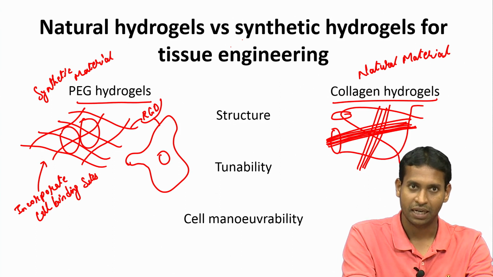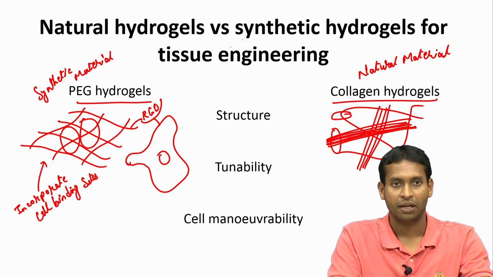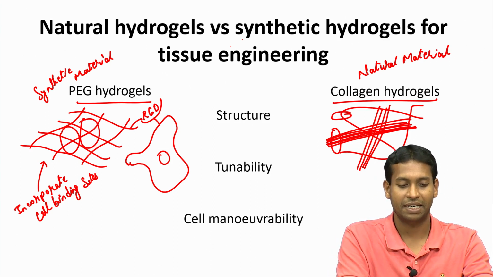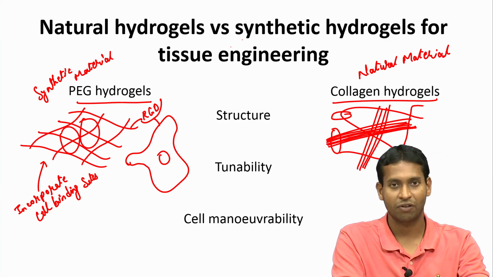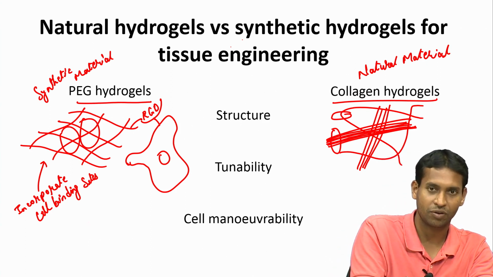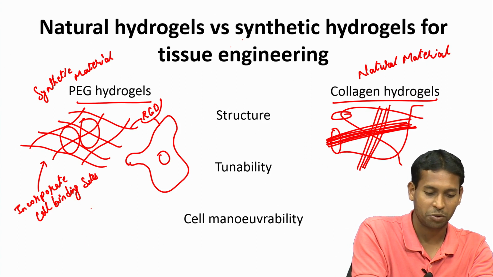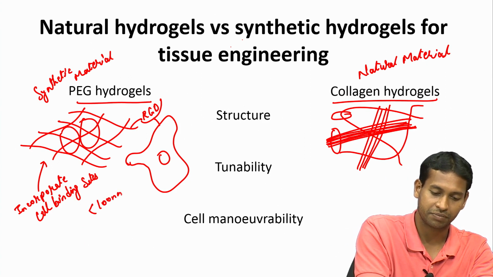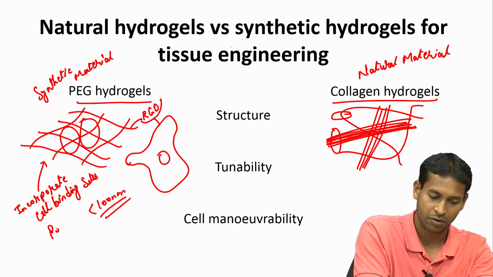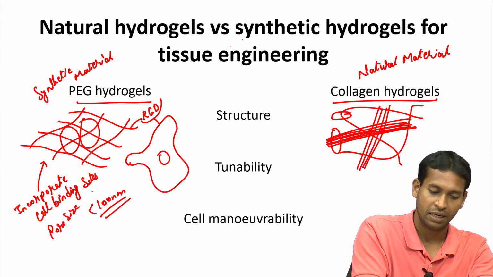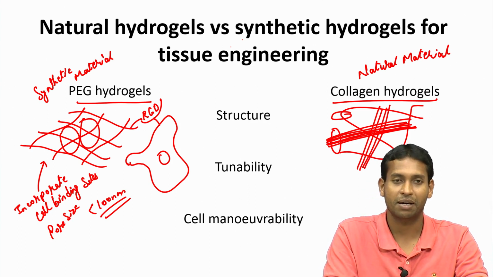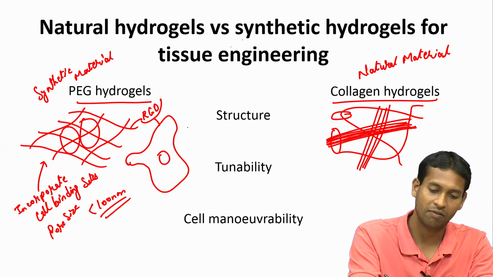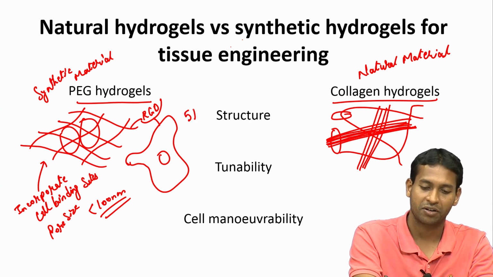That is one. The other is, what if the cell wants to move around? The way the system is set up, these pore sizes are fairly uniform, because these are single chains, and to form a hydrogel you need quite a bit of chain. So, these pore sizes are always less than 100 nanometers. Now, when we talk about mammalian cells, they are typically always greater than 5 microns.